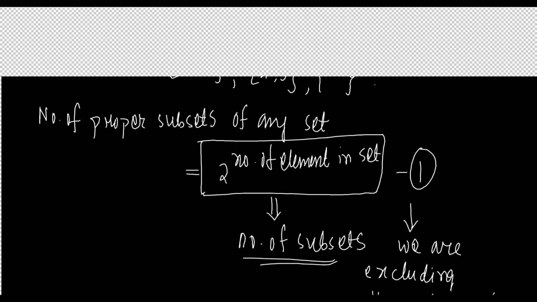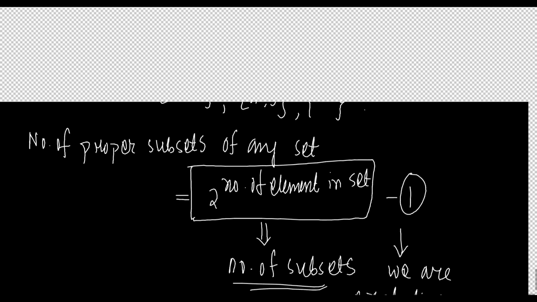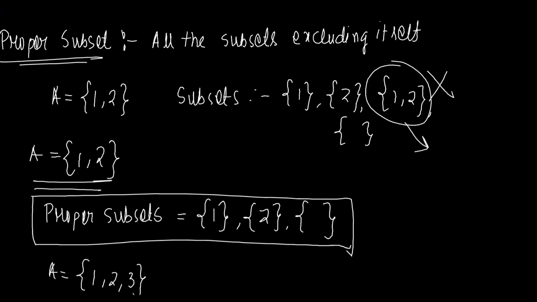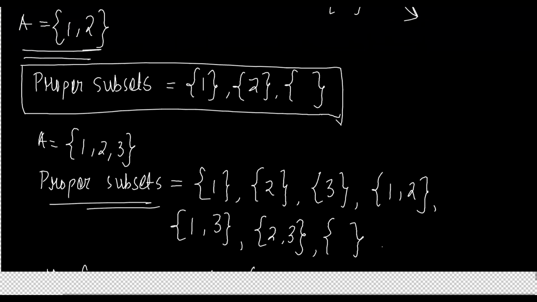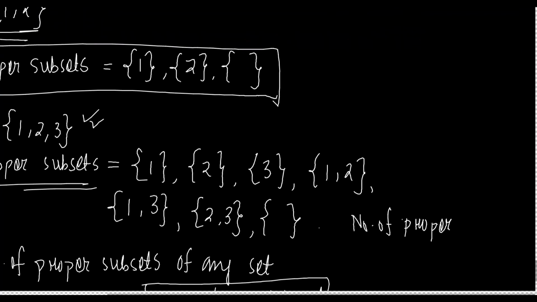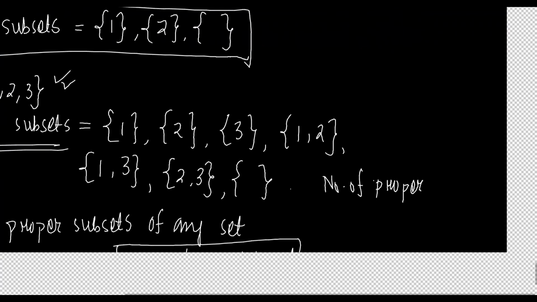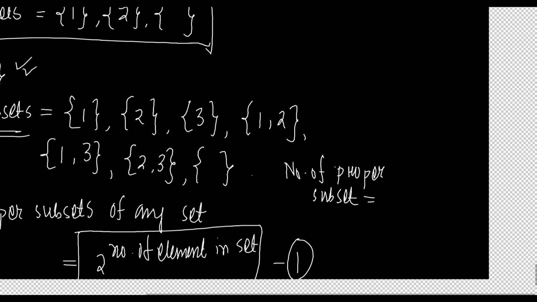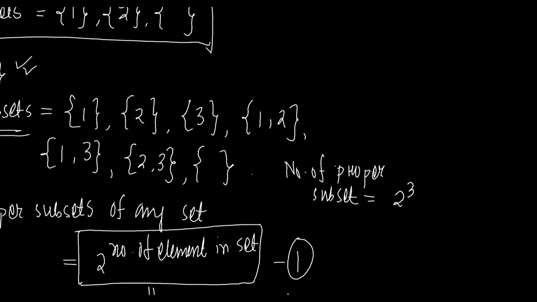You can see here in this example, if we apply this, the number of proper subsets will be equal to 2 to the power of 3 minus 1.